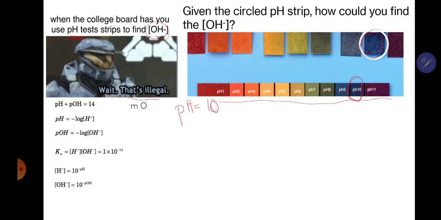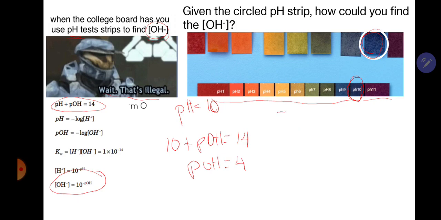So if I want to convert from pH to pOH, I got to use formula number 1. So my pOH is 4. You can go back and do the long math. The pOH is 4. But I don't want the pOH. I want the concentration of OH.